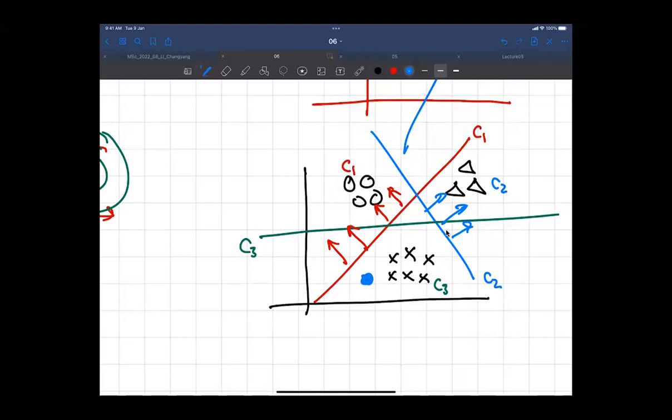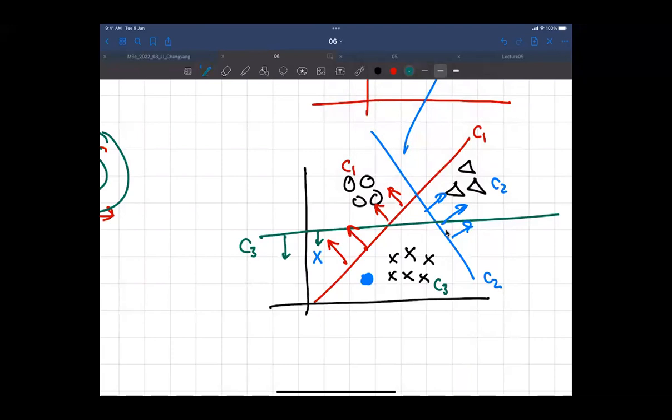But there is some ambiguity sometimes. For example, this cross here. This cross is ambiguous between the red line C1 and C3, because C3 says that it will be C3 if it is below C3. And that's the ambiguity for this blue cross. How can we solve this?